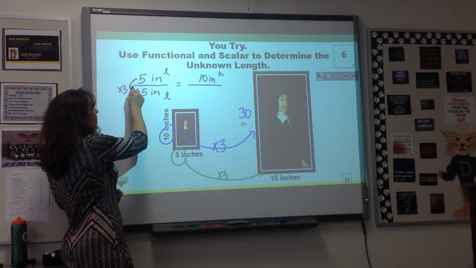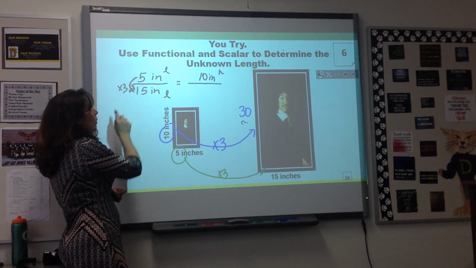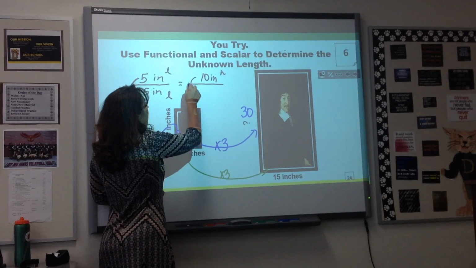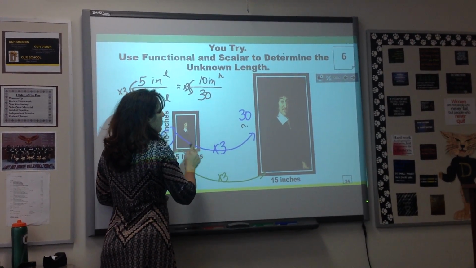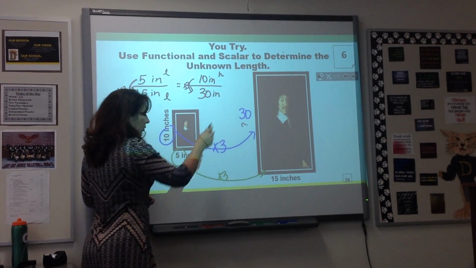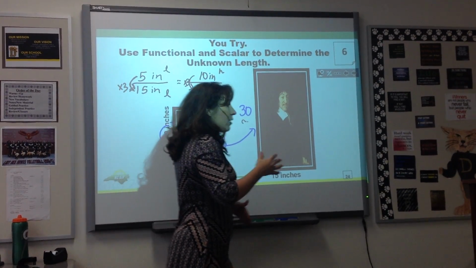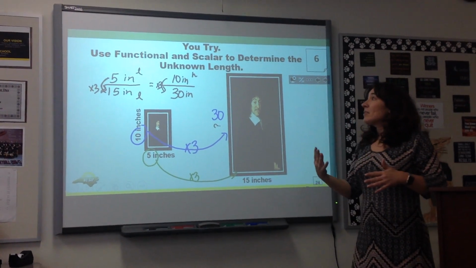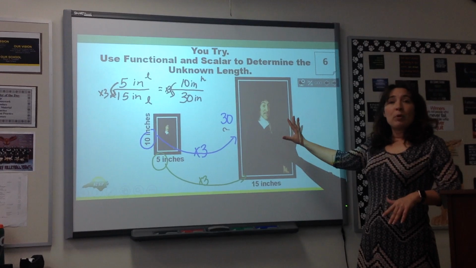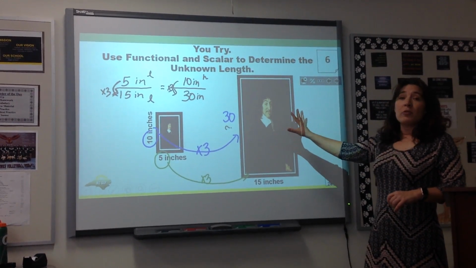And since I have to maintain that equal relationship of multiplying by 3, that tells me that 10 times 3, that my height should be 30 in my enlargement. So that's how to use both approaches, the functional and the scalar, to do a problem that's proportional.